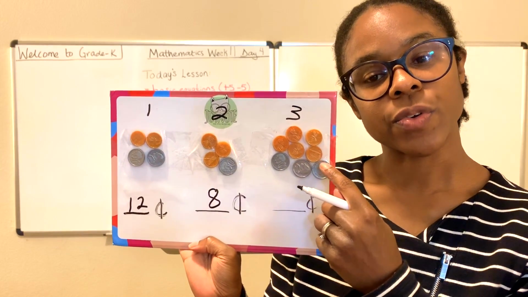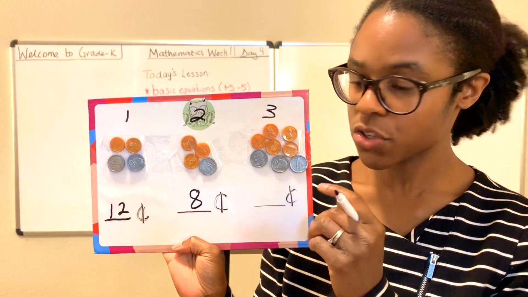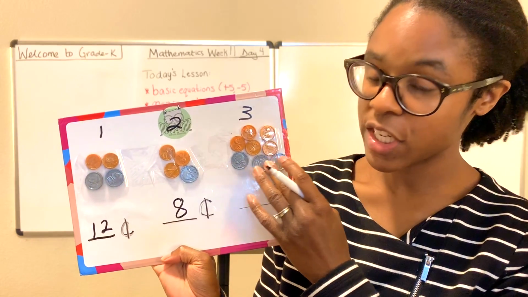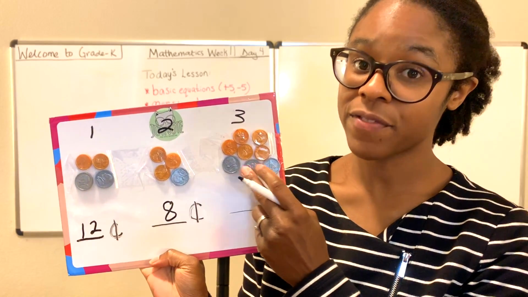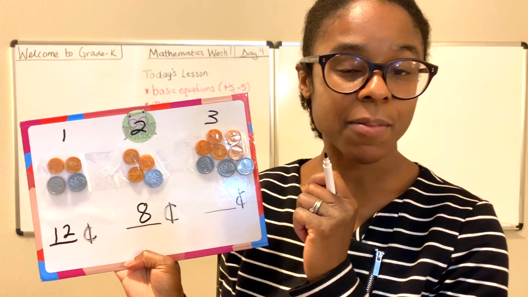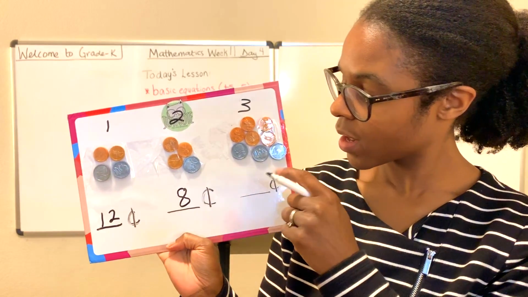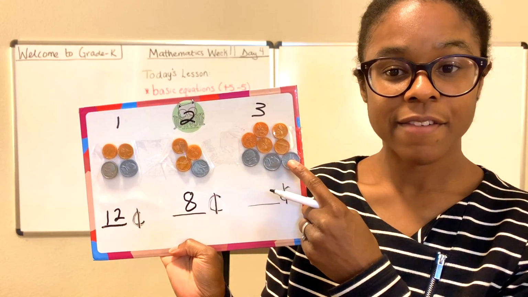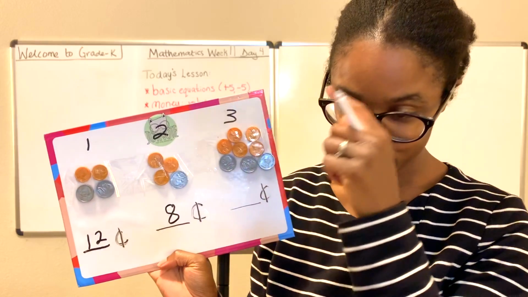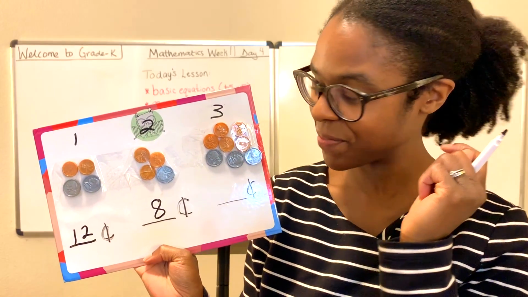Let's look at this third group. There are a few additional coins. See if we can count this together. Remember, the nickels are each worth 5 cents, so we'll count by 5s, but the pennies are only worth 1 cent, so we'll only add up by 1. Let's start over here. 5, 10, 15. Whew, we got that part out of the way.